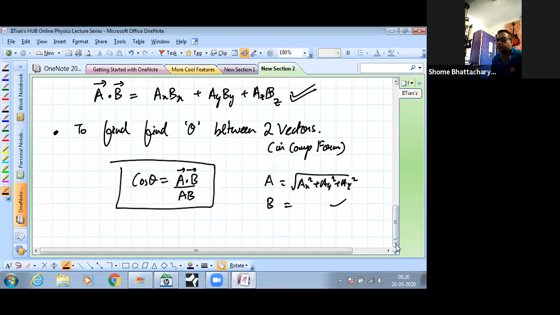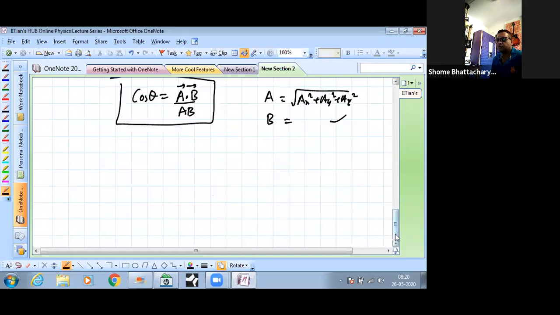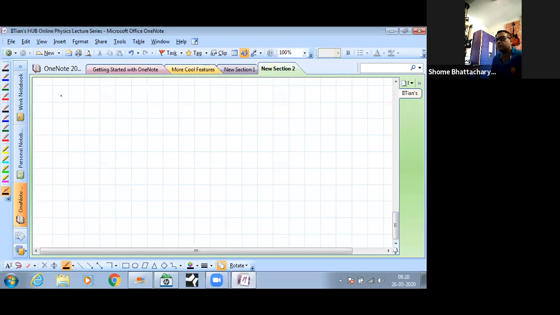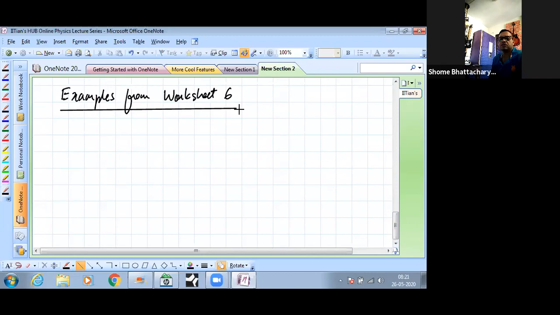So this was the basic recap of the things that we learned. So let us start with some examples from that worksheet that we did. Just turn to your worksheet and I will take you through some of these examples.